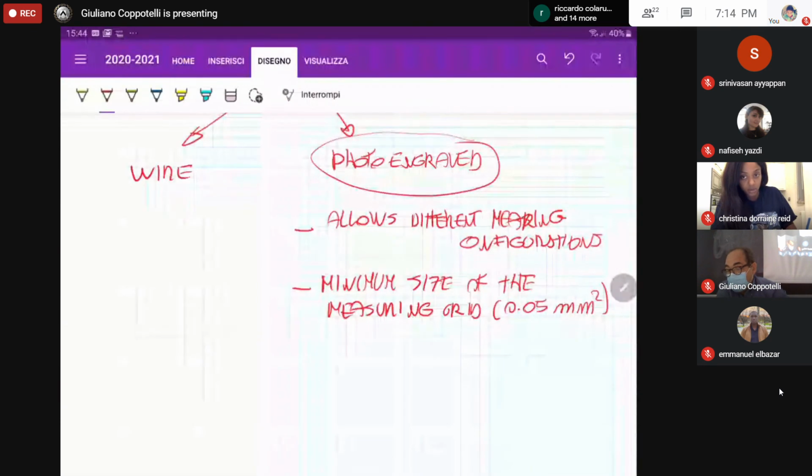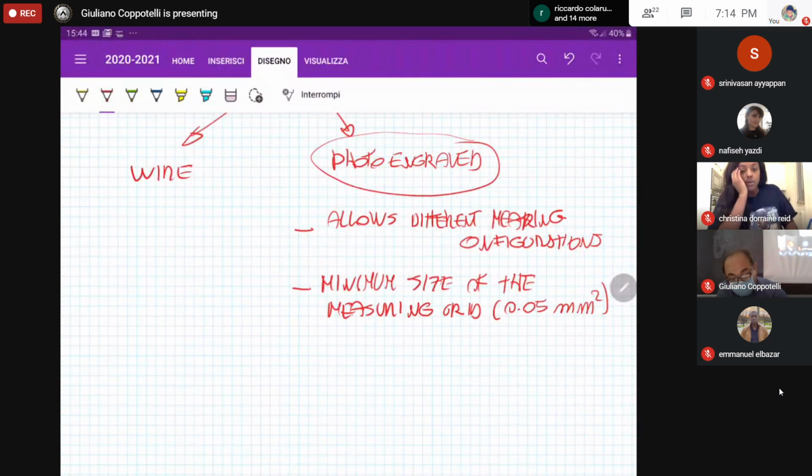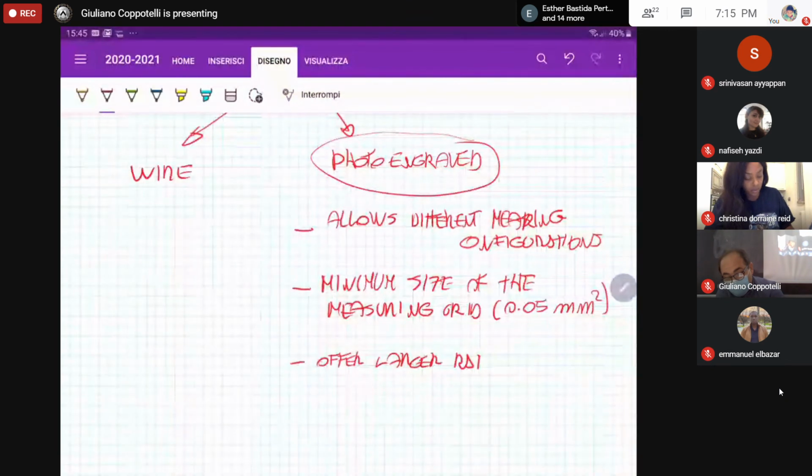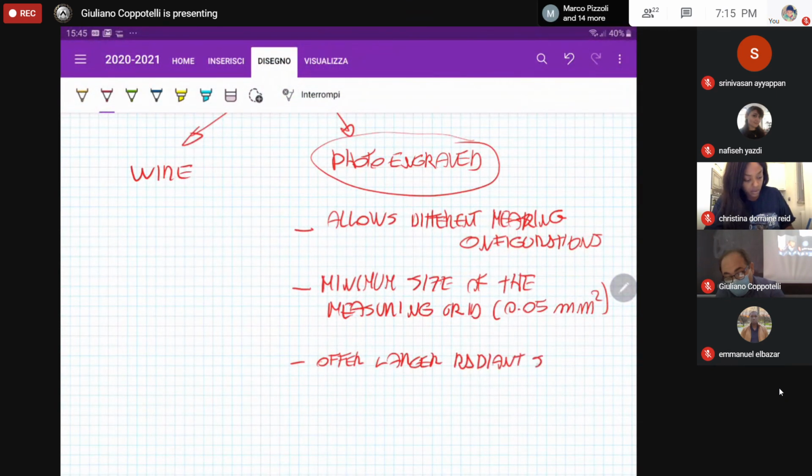And they offer a larger radiant surface that is very useful for heat dissipation.